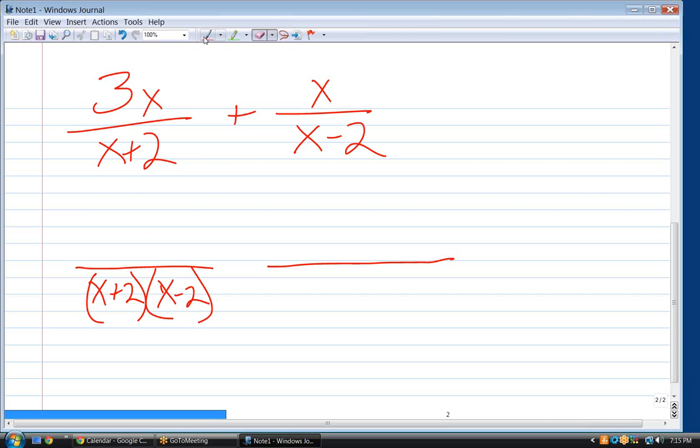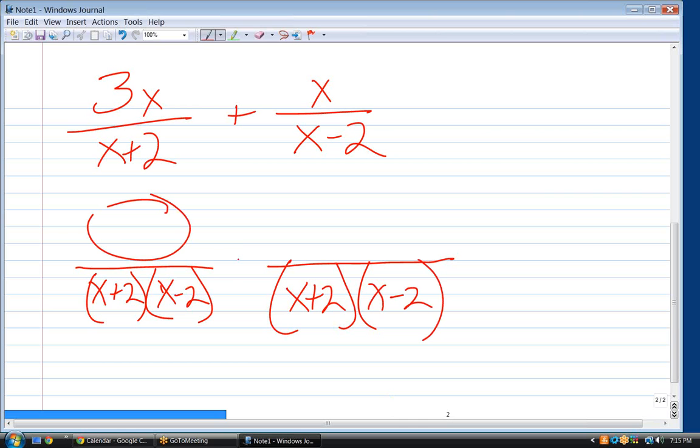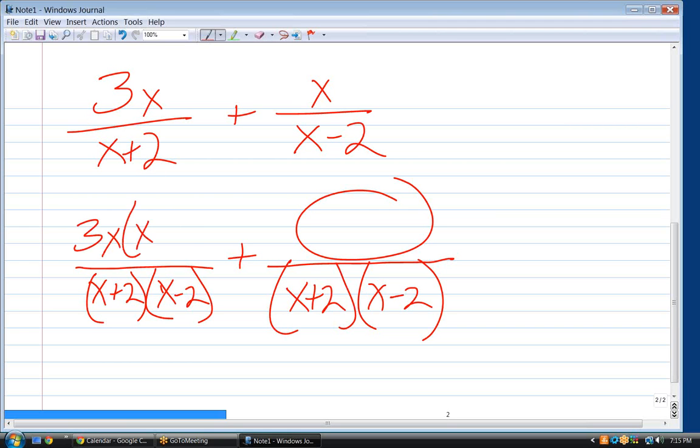So I can write that over here also. And let's leave it unmultiplied together at the moment. What goes here? 3x, x minus 2. And here? X and x plus 2.